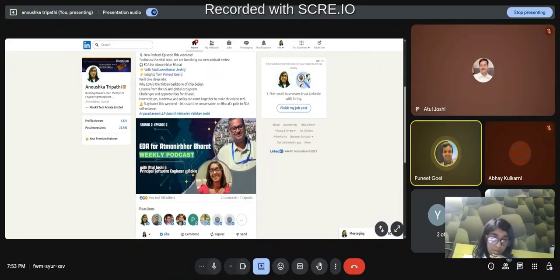It's not very straightforward to just start using these tools yourself. So there should be some effort from Indian industry where we can try to arrange training programs for using these EDA tools.